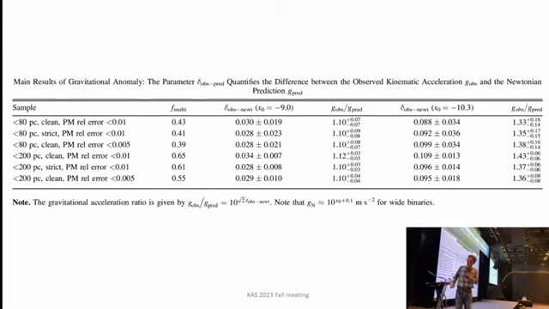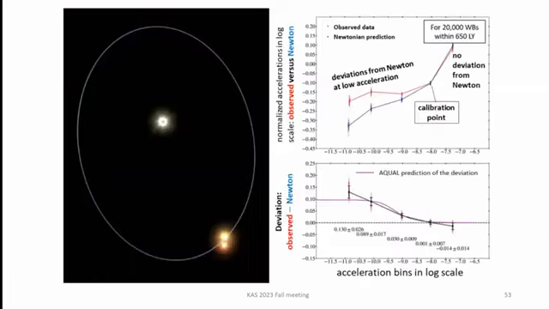And these are the results. Basically, the observed acceleration in the MOND regime is about 1.4 times the predicted.